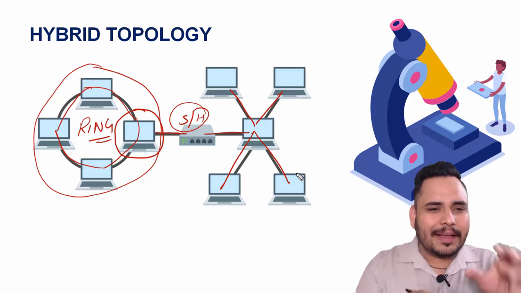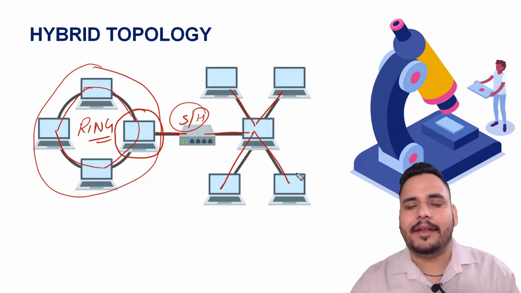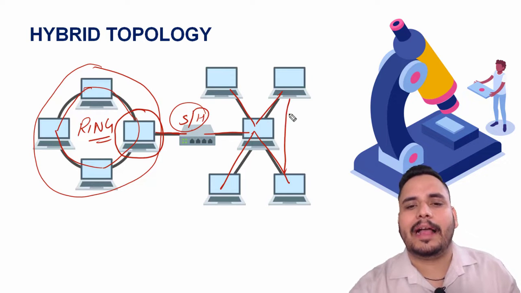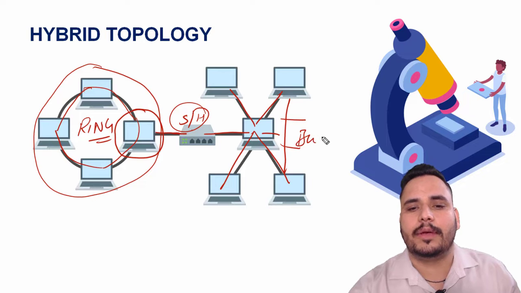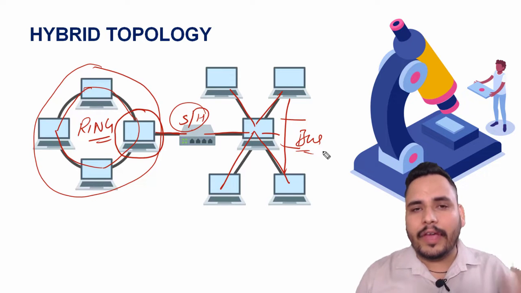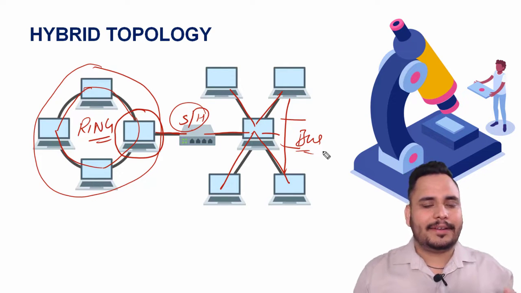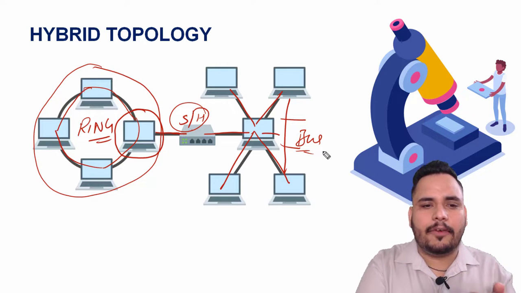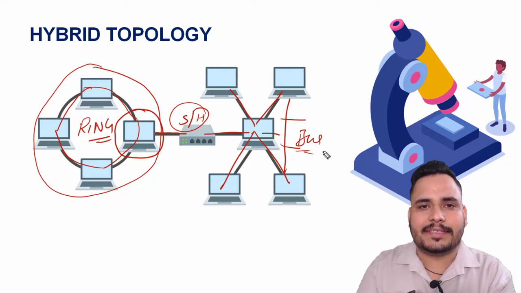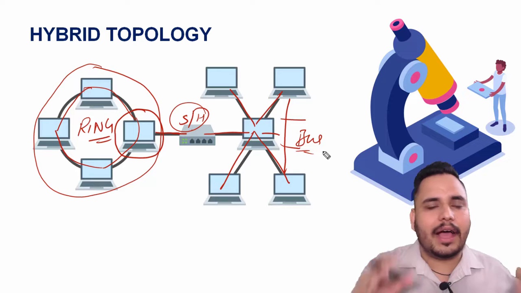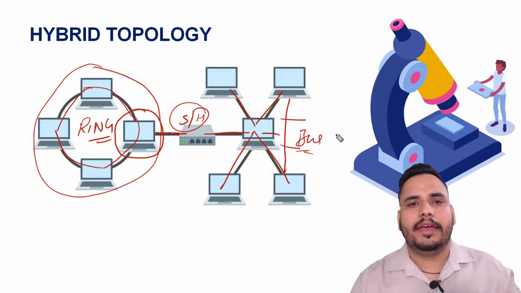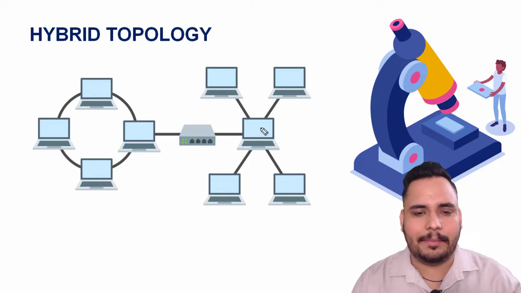So it is like a combination of ring, star, or if there is a backbone cable, then bus topology is also a mixture of this. So when we say that it is a combination of ring, star and bus, then we call it hybrid topology. Okay, I will make an example and explain this.